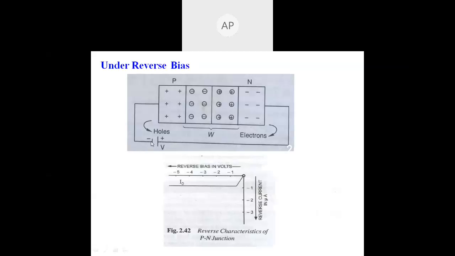Similarly, what will happen at the n side? From the negative terminal of the battery, negative ions are emitted.